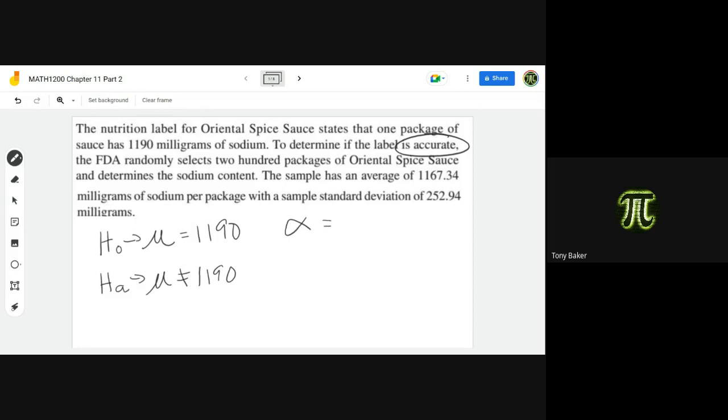So we have a 0.01, 0.05, and 0.10 significance level. Which one do you think the FDA, now remember, the smaller the significance level, the more accurate you want, right? The smaller the number, the better the stats is going to be. Which one of those three do you think the FDA would want to use? 0.01, 0.05, or 0.10?